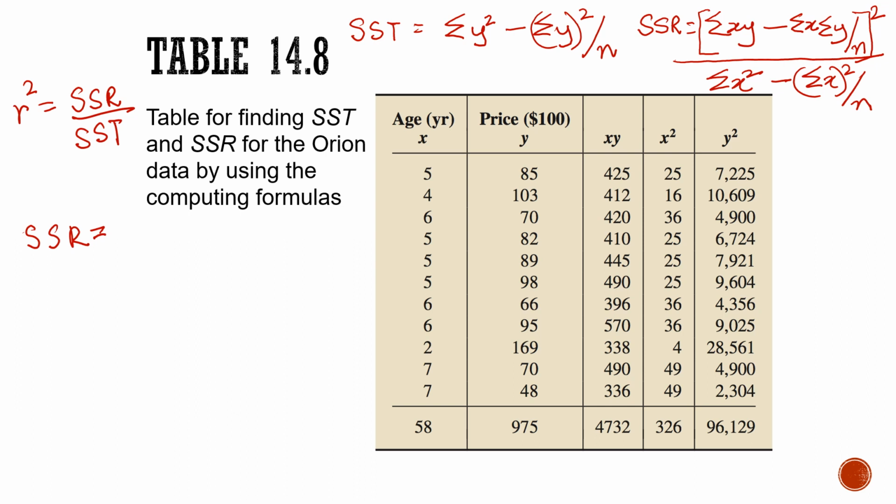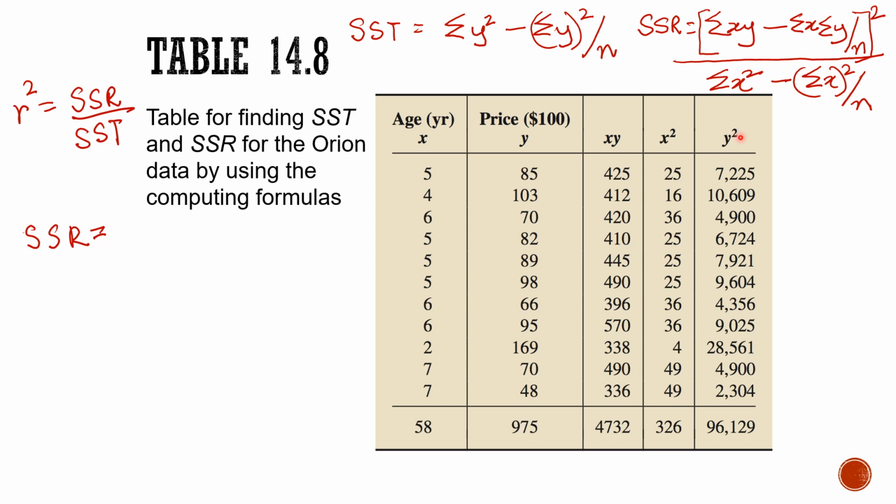So let's plug in the values for SSR. SSR is sigma x times y. In this table, we multiplied x and y, which we did anyway to build our regression equation. We had a column for x, y, and x times y, where we multiplied the x and y values and summed them up and got a value of 4732. Then in the next column, we squared all our x values and added them up and came up with a value of 326.